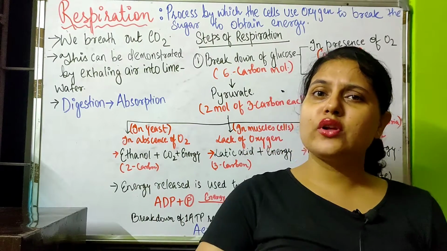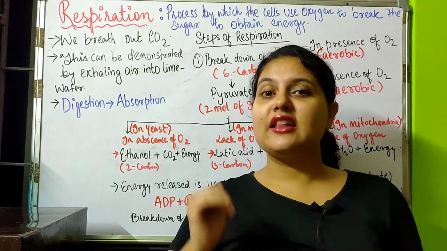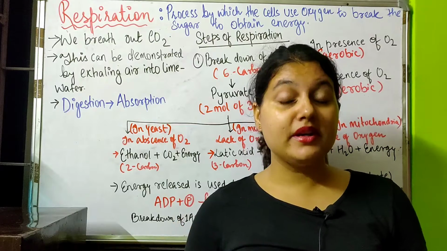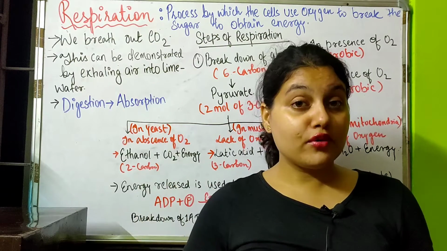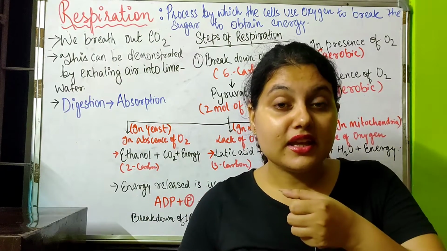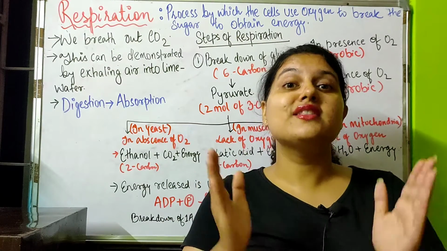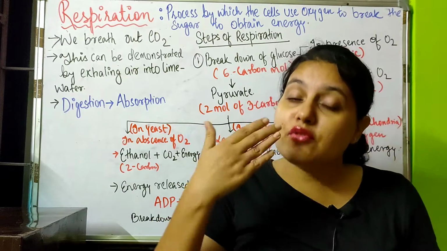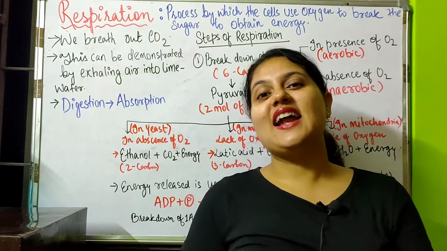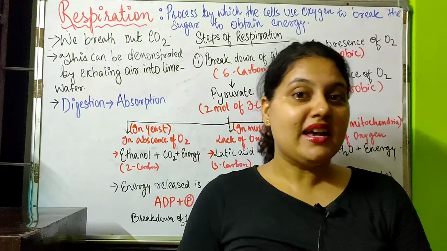Now we are following the same principle in this experiment. We are just blowing the air into the test tube, and inside the test tube there is lime water. If we are exhaling CO2, that means the lime water will turn milky, isn't it?